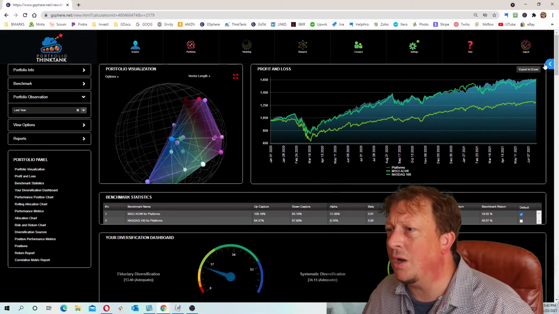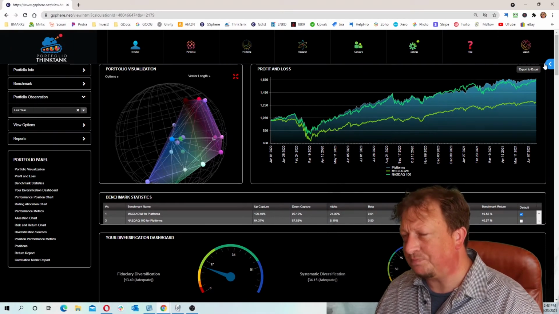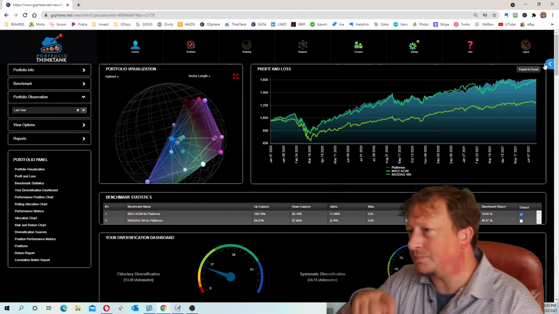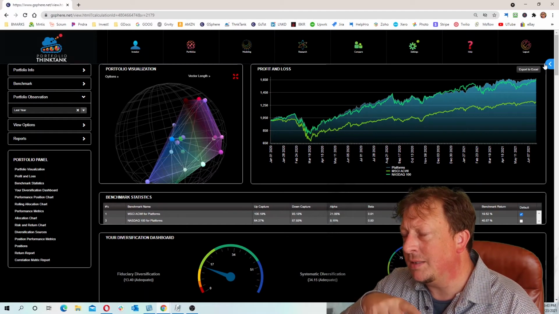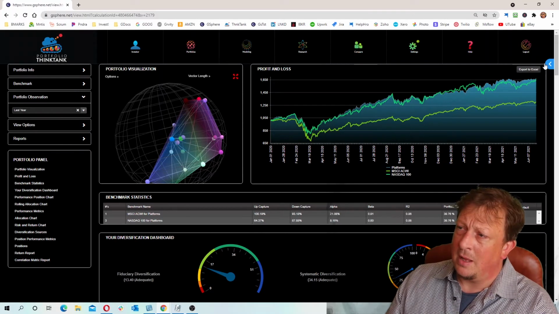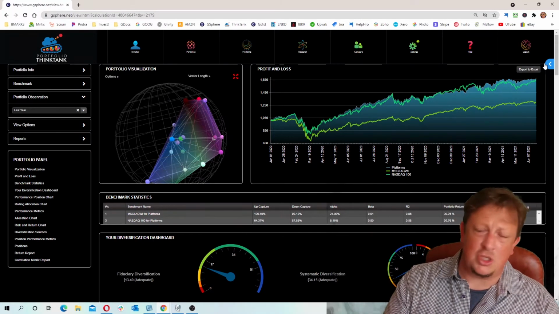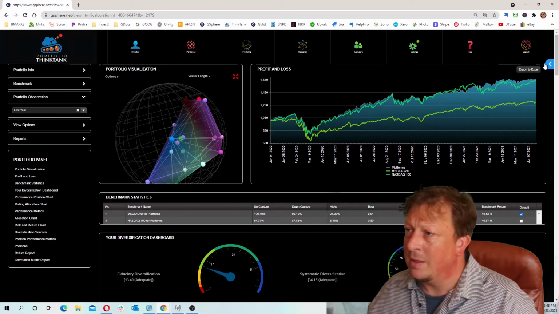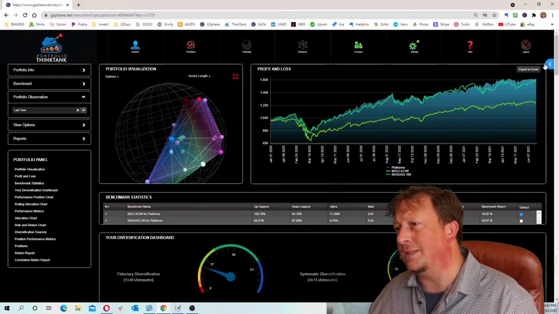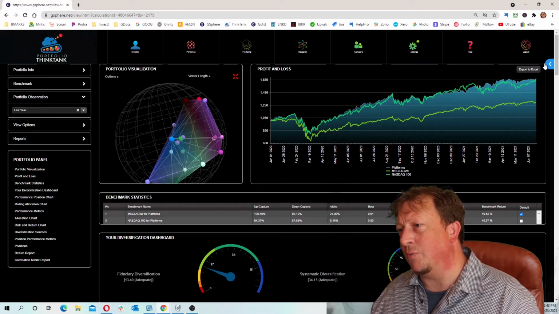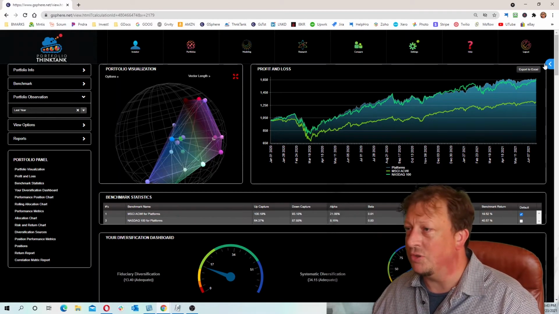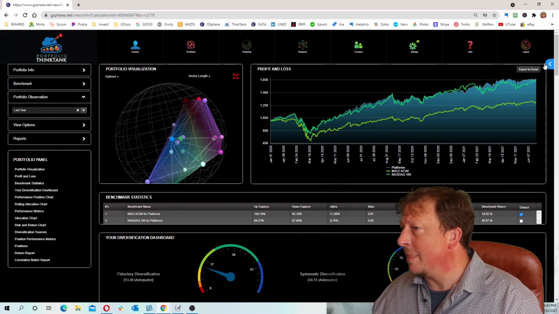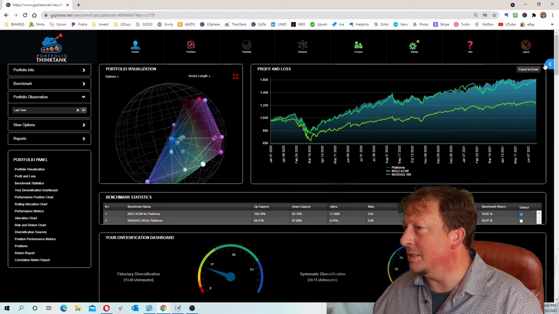I'm in the yellow on my systematic diversification. That's the hard one to get, and it's more of a correlation-driven metric, and here we're talking about an all stock portfolio, so I can understand why it's yellow there. It's not in my reject zone, which is orange and red, so I'm going to go ahead and still move on.